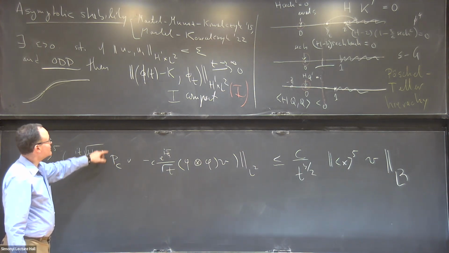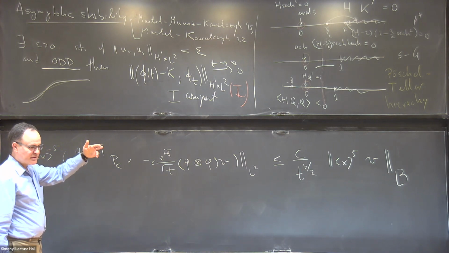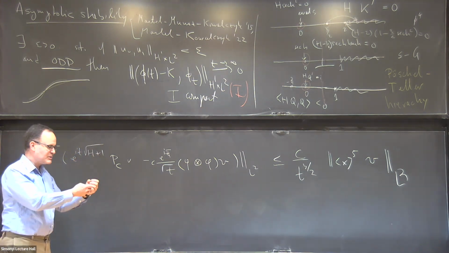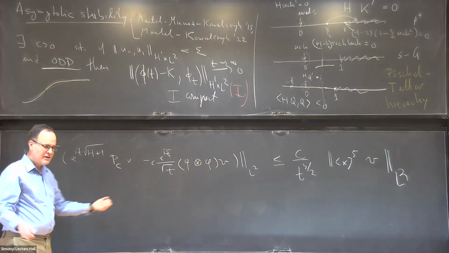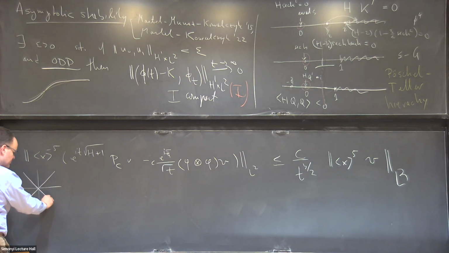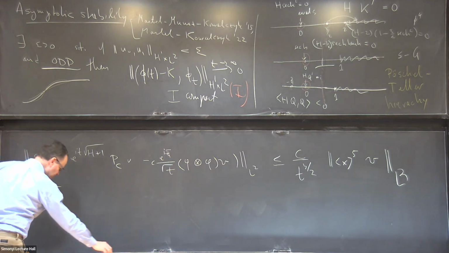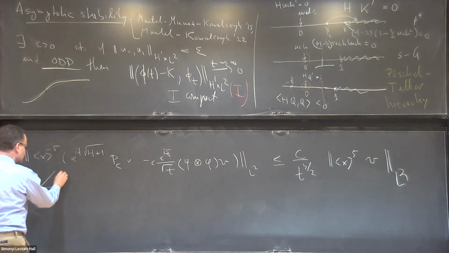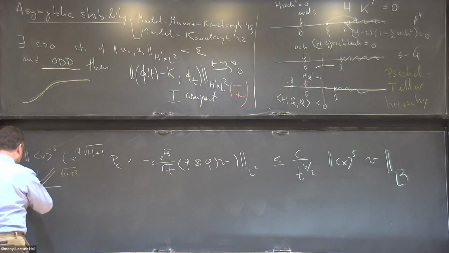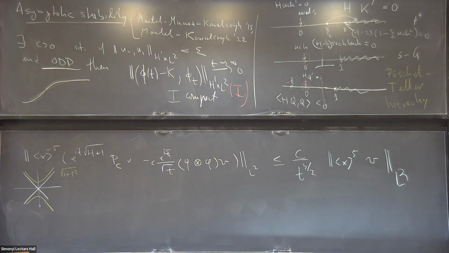This +1 is present in all our models, because if you don't add it, then you look like the wave equation. But the wave equation on the line has no decay. The reason for this is that the dispersion relation of the wave equation is a pair of lines that has no curvature. But the dispersion relation of root 1 plus xi squared is just hyperbolas.